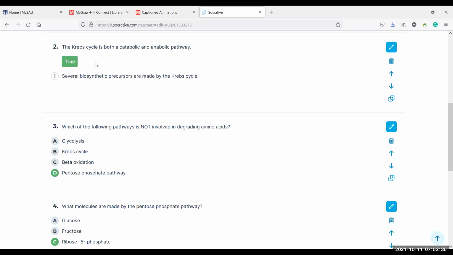Another molecule that's very important for biosynthesis that's made in the Krebs cycle is succinyl coenzyme A. Succinyl coenzyme A is withdrawn and is used to make heme. What's heme?